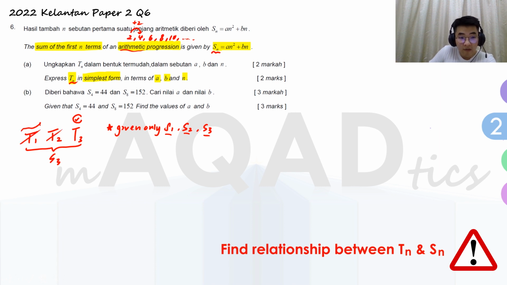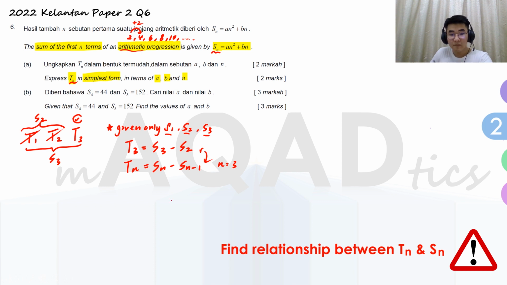We consider their sum, which is S2. In general, it would be Tn equals Sn minus Sn minus 1. Right, so if you sub n equals 3, these two will be the same. So this is the relationship.